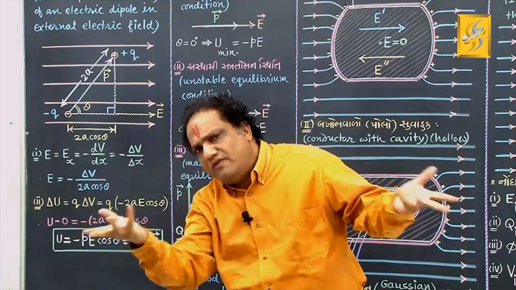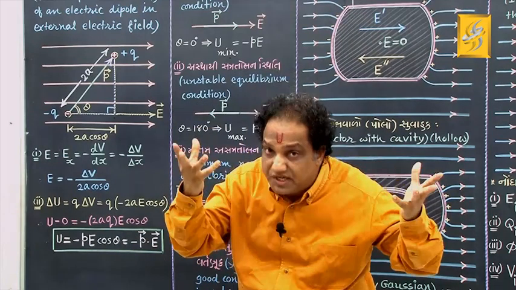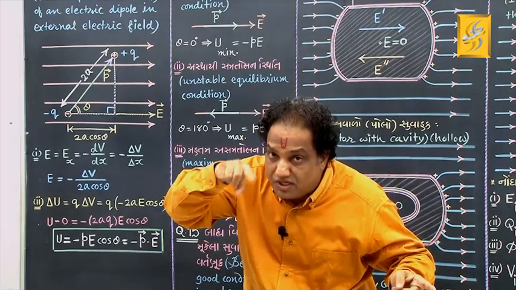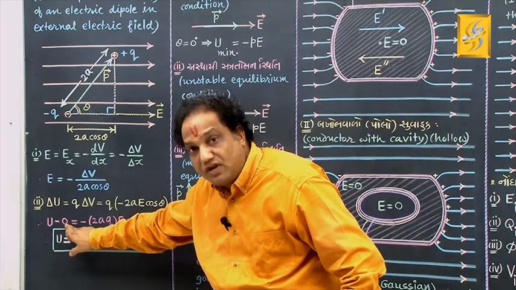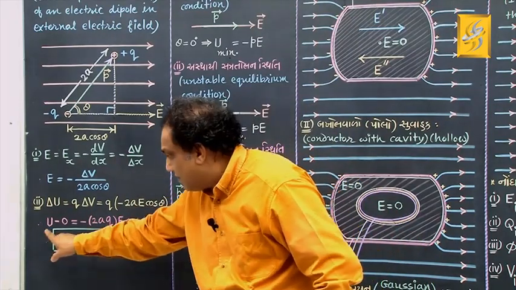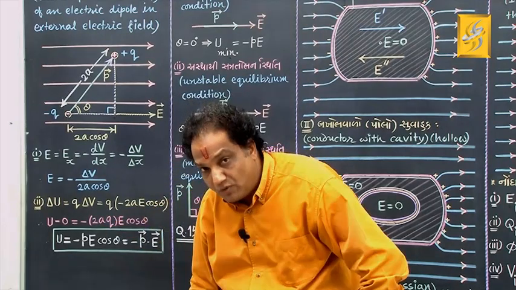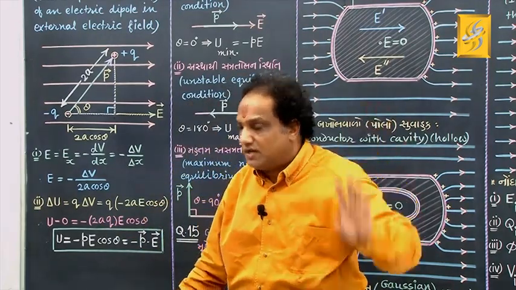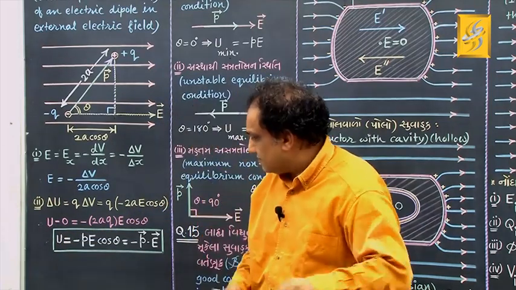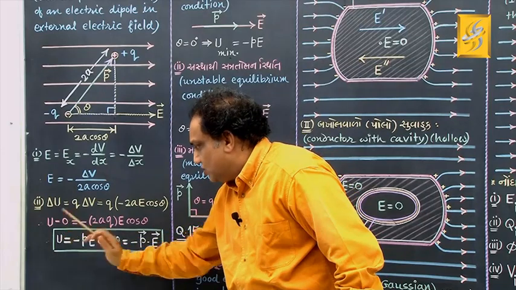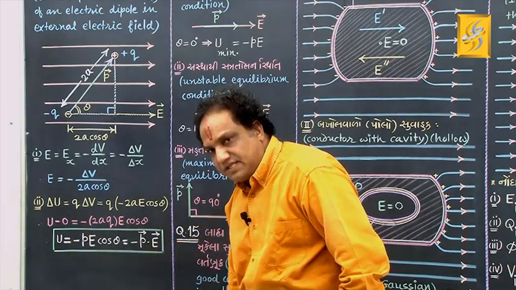If you can assume any value, then for the sake of simplicity we take initial potential energy to be 0, correct? So initially I am taking potential energy value 0, finally I am taking capital U, then what is the change in potential energy? Final minus initial, that is U minus 0, correct? Fine. Now this U minus 0, that is U, this minus sign as it is.